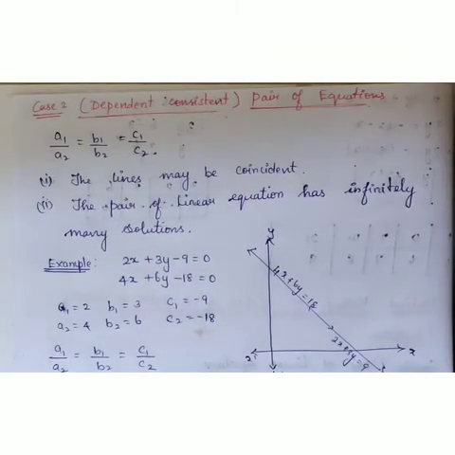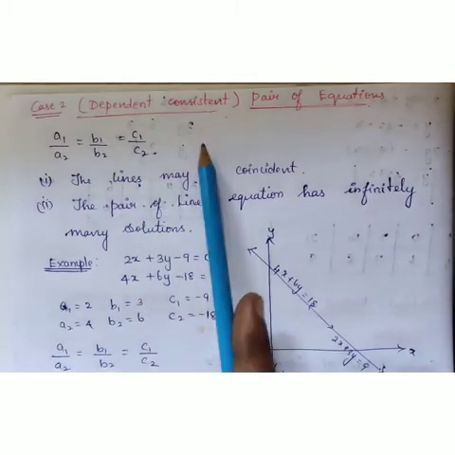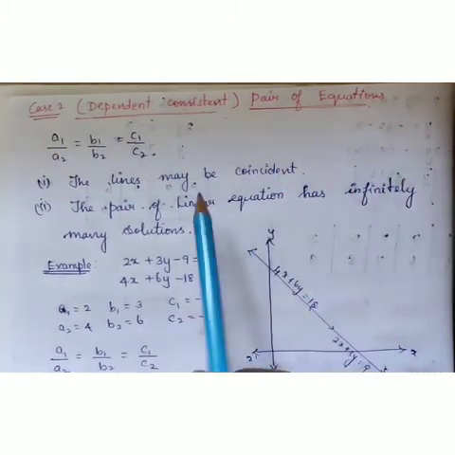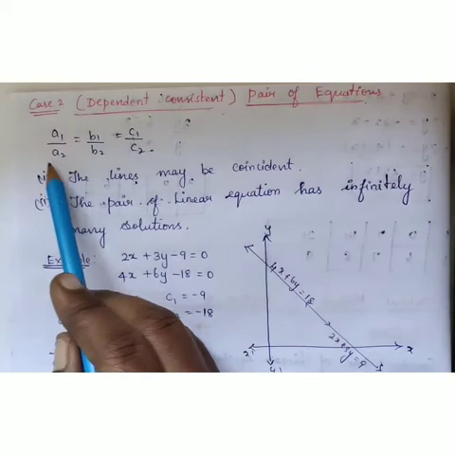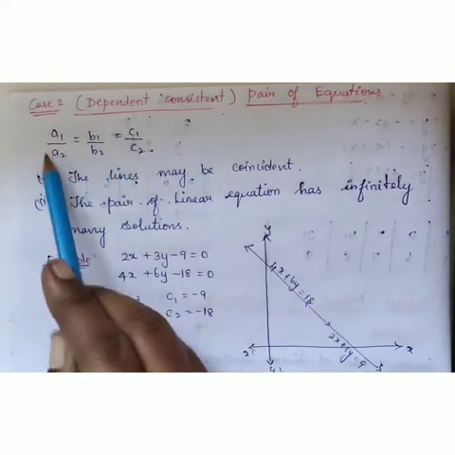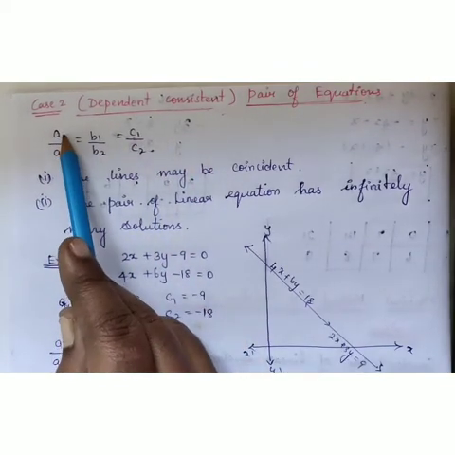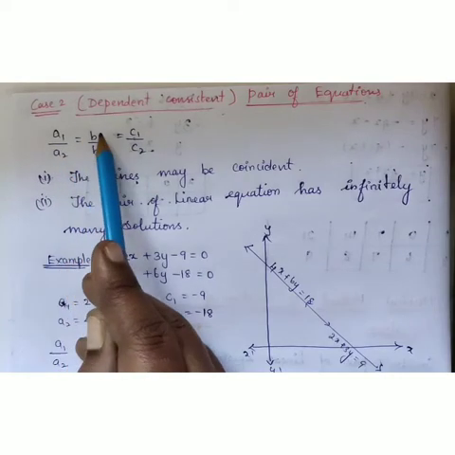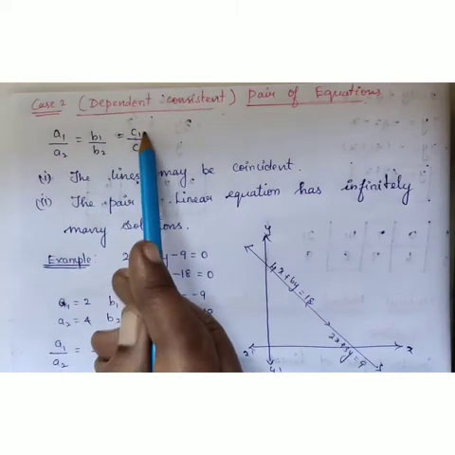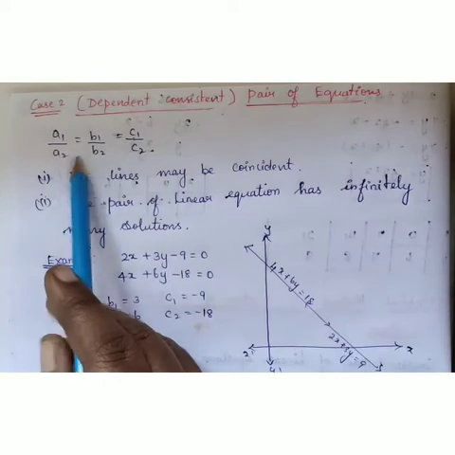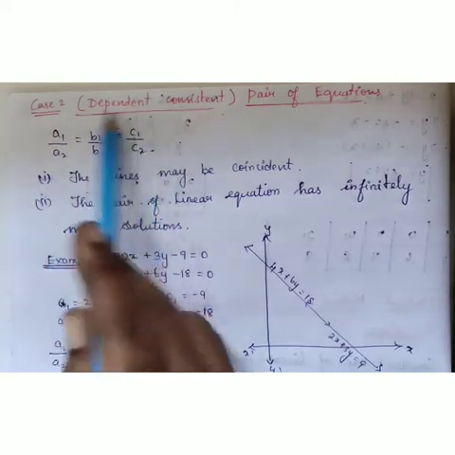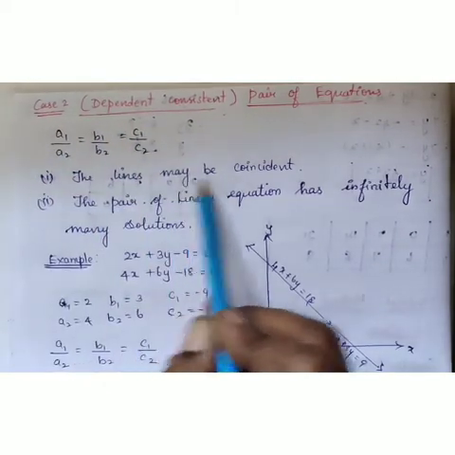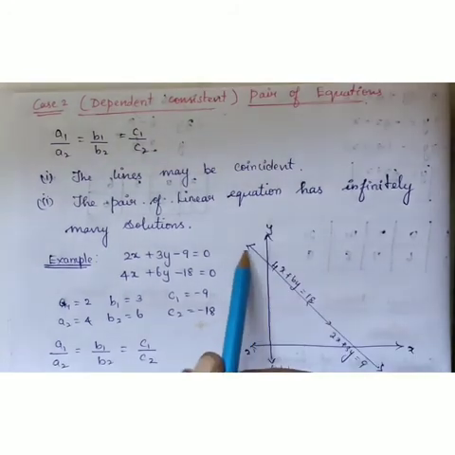The next case 2 is the dependent consistent pair of equations. Now see here, for the dependent condition, the condition is a1 by a2 is equal to b1 by b2 equal to c1 by c2. That means if all these are equal, then we can say that the lines coincide.